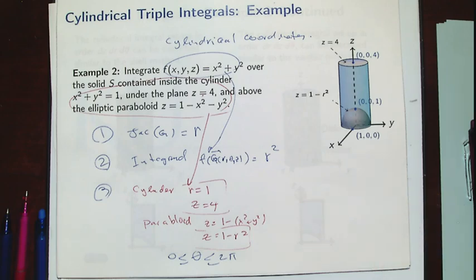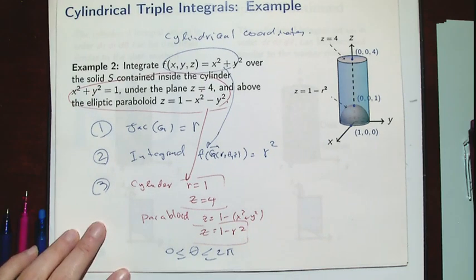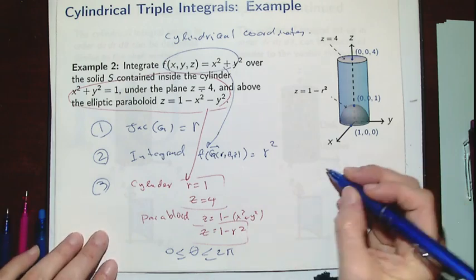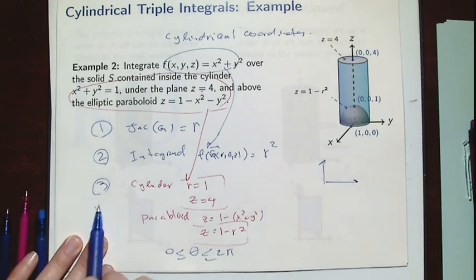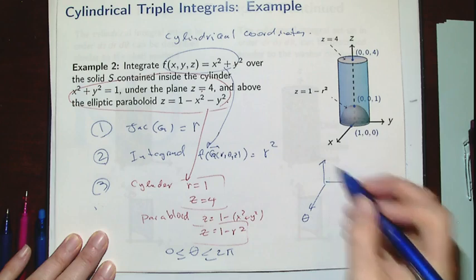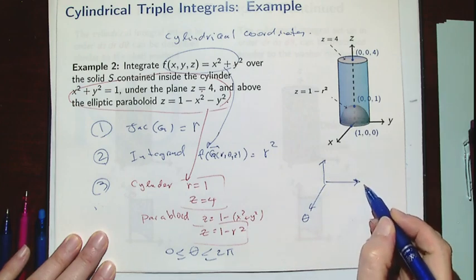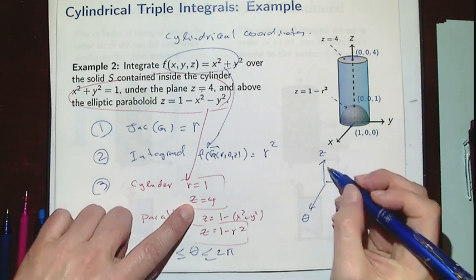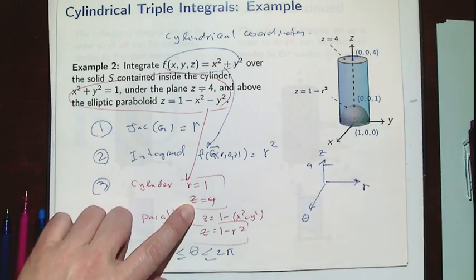Now, the next step that I want to do is this. I want to find the projection of these shapes onto R and Z. I'm still on step 3, finding bounds. There's a Z equal to 4, right?